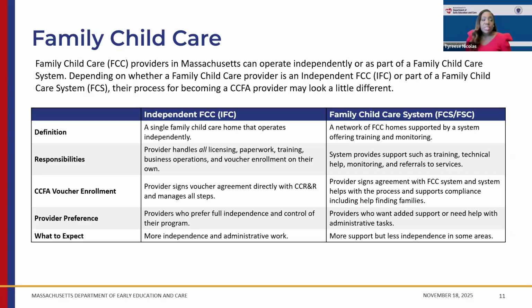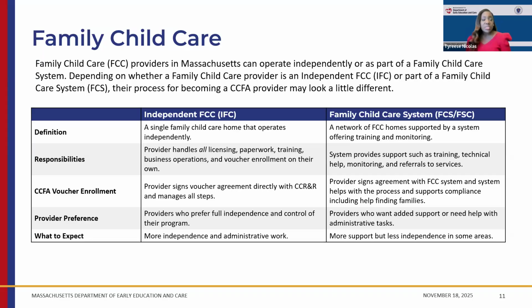For independent family child care providers, you sign your voucher agreement with the CCR&R. If you're working with the family child care system, you would be signing an agreement with the family child care system, which already has a signed agreement with the CCR&R in the area. What's key in making these decisions is your preference as a family child care provider.